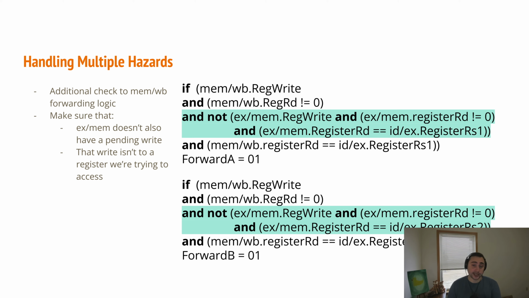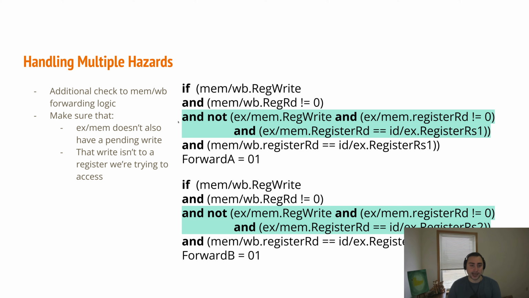So we're still going to check to see if it's doing a register write, if the destination is a valid register, and if our destination is equal to the source. But before we do this check, we're going to make sure that we're not already forwarding from our execution mem pipeline register.